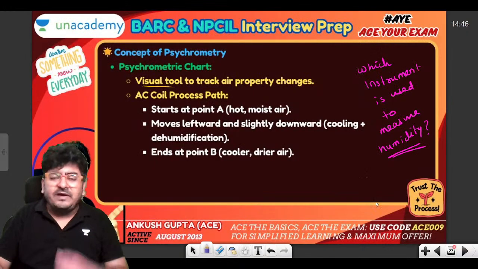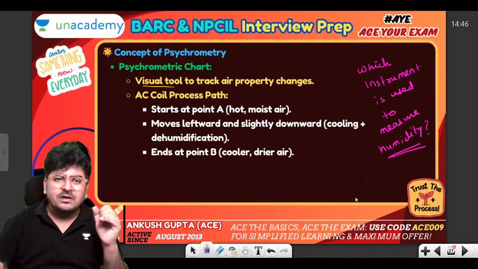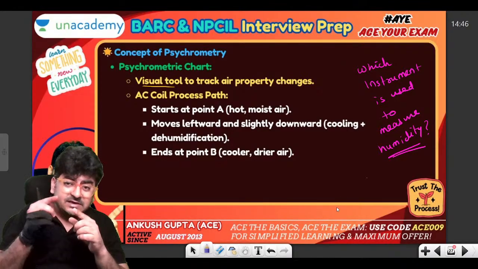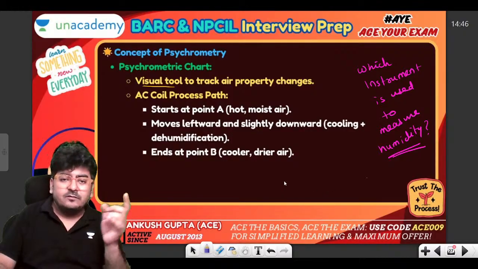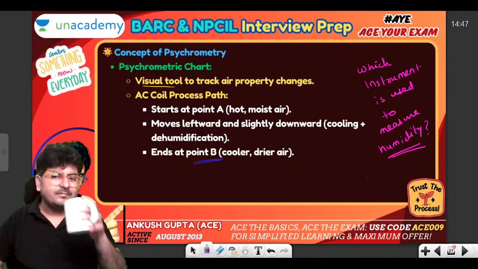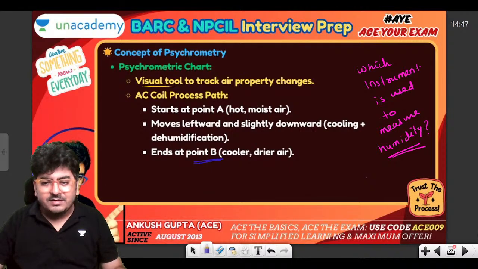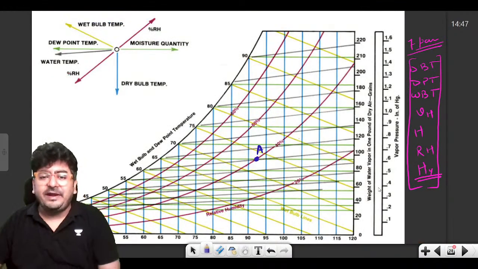Now when air conditioner starts, when you switch on the air conditioner, then how this point will shift, where we will be having the end point B. Where will the end point be?